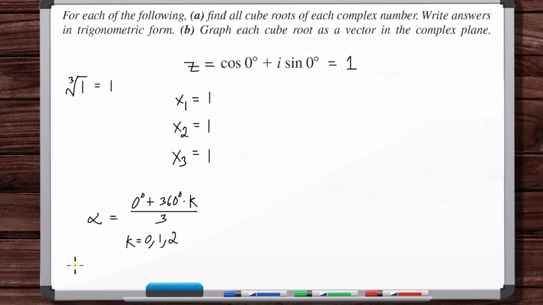Okay, there we go. So alpha 1 is going to be, k is equal to 0, so it's 0 degrees. Alpha 2 is going to be k equal to 1, so that's 360 divided by 3, which is 120.